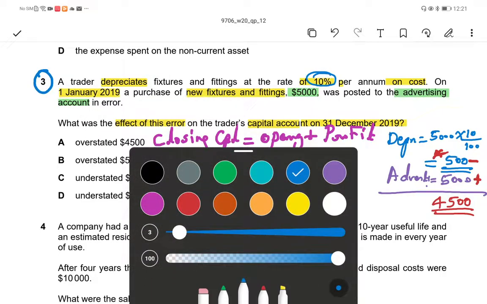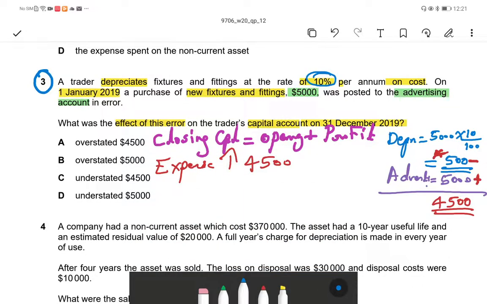What will happen when expense is overstated? When expense is overstated, profit will be understated.